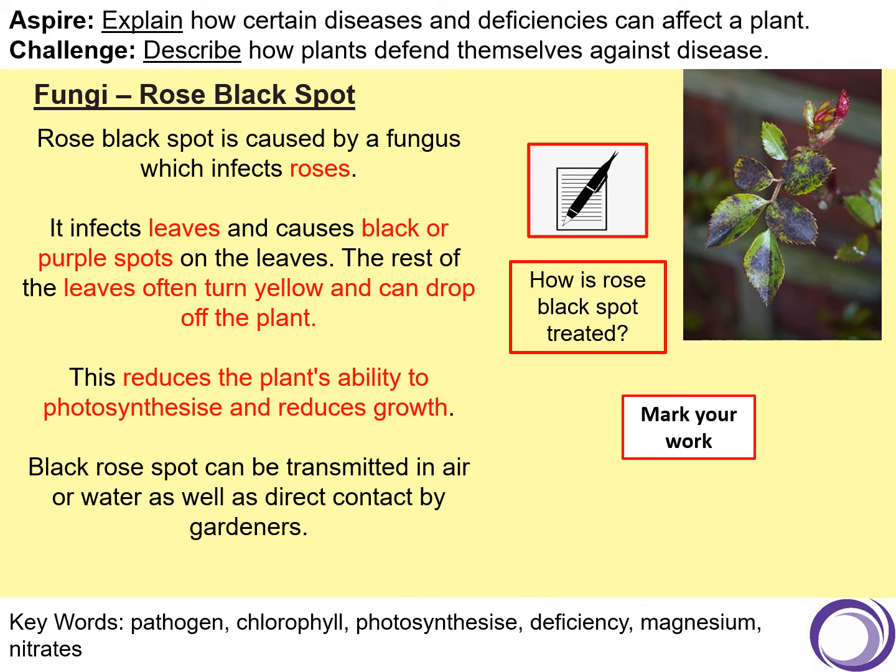So I would like you to write down for me how you think we can treat rose black spot. So I'm going to give you 30 seconds to write down your ideas. Off you go.